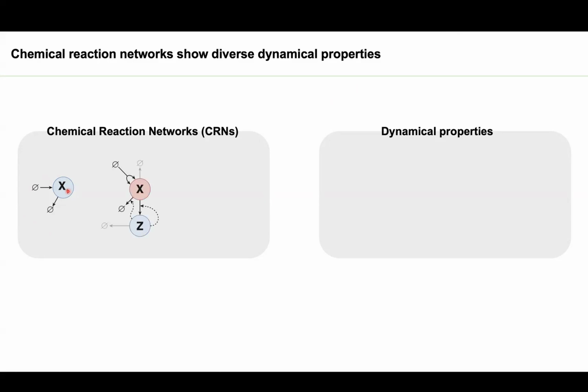And we also have even more complex networks like this and this, which involve two or three chemical species. Each chemical reaction network shows different dynamical properties. Dynamical properties means that how the amount of species evolves is different for each network.